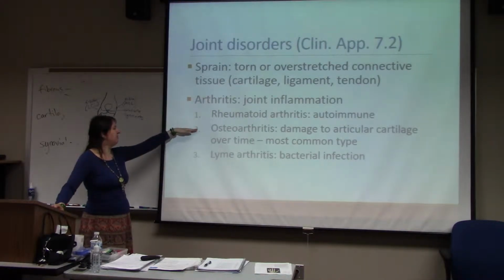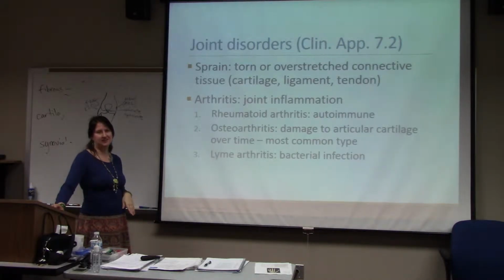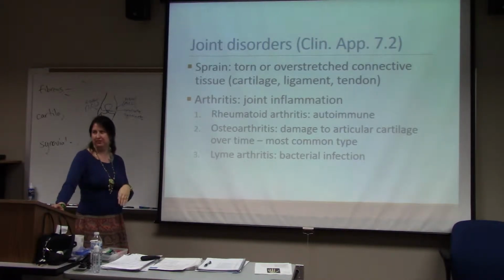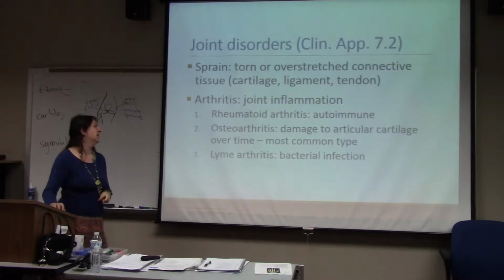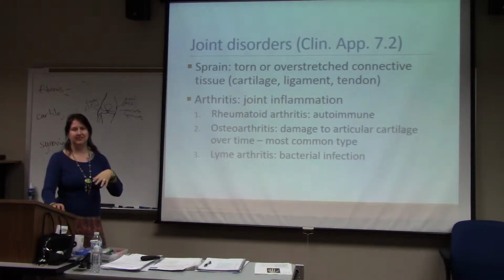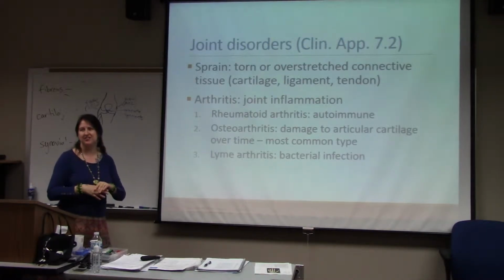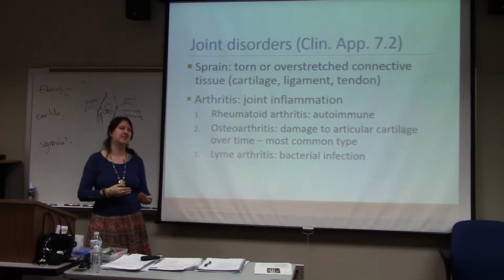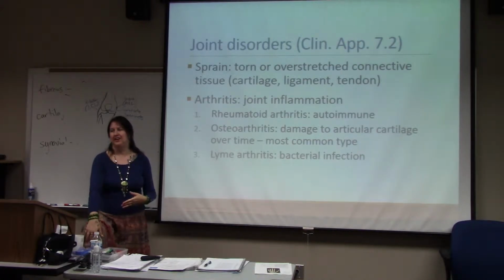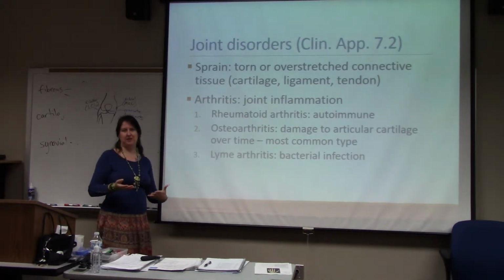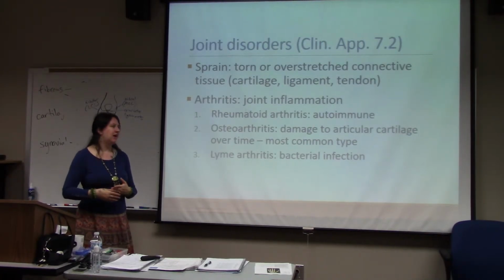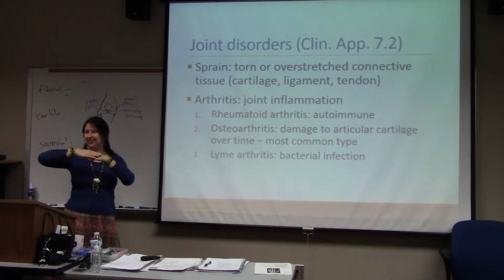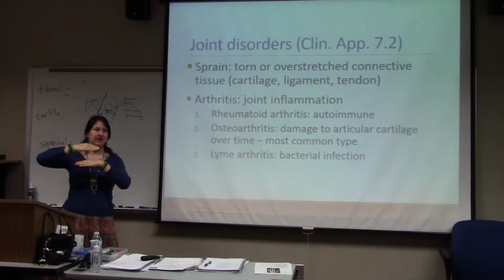The most common type is actually listed second here, osteoarthritis. It means bone arthritis, but it's really the cartilage that's affected. Over time, the articular cartilage gets damaged and wears down. It only has that synovial fluid to provide it nutrients, so it doesn't heal very quickly. And small amounts of damage can build up over time, make a rough surface that catches, or just thin it out, which can lead to the bones rubbing together.